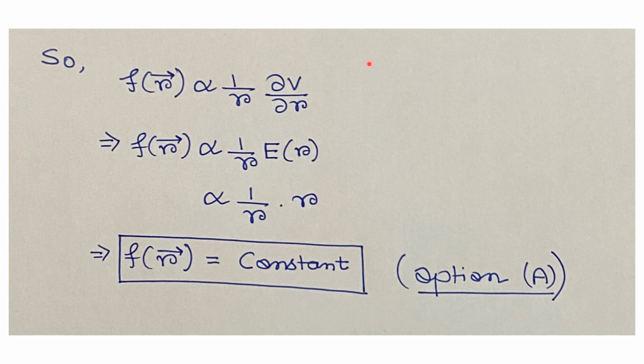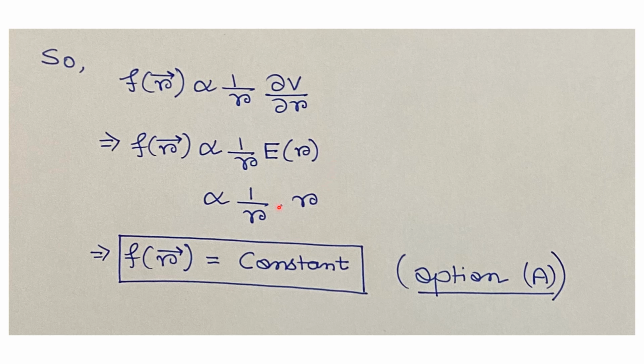Now we have seen the function f as a function of small r is proportional to 1 by r times del V del r. Now E equals minus del V del r, so we can write f as a function of small r proportional to 1 by r times the electric field. Now in our case, for the electron moving in a uniformly charged sphere, the electric field is proportional to small r, that is position.